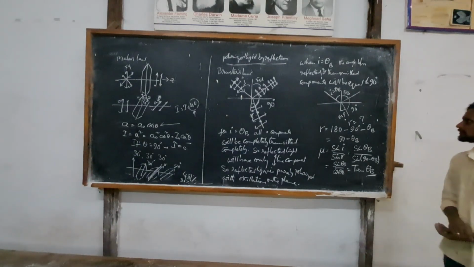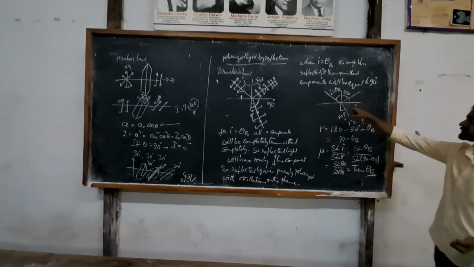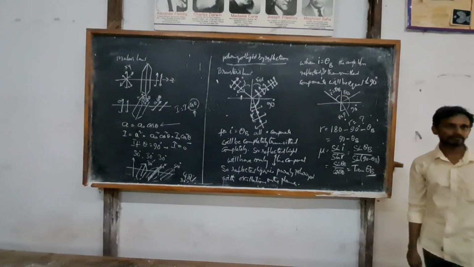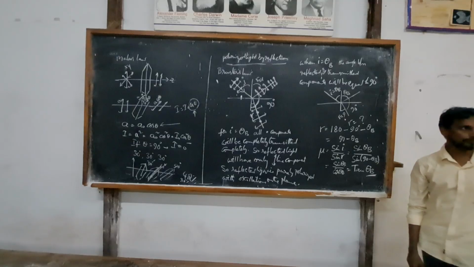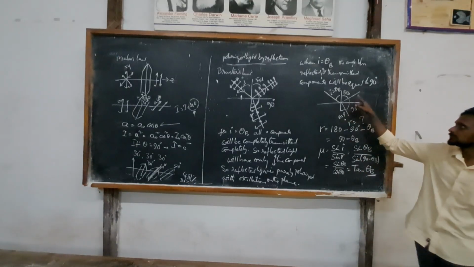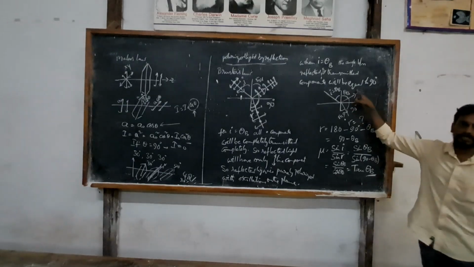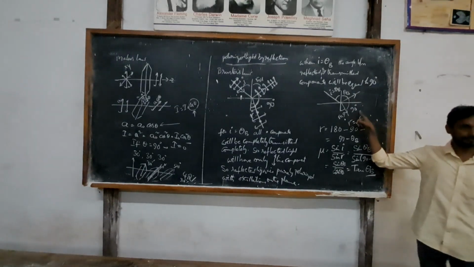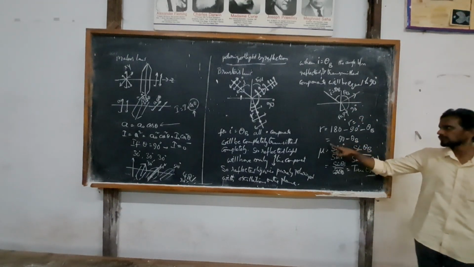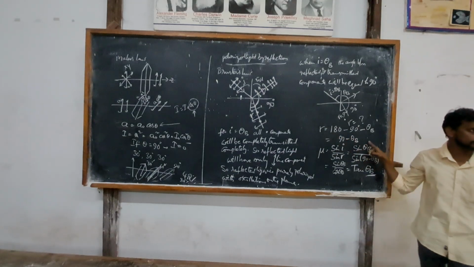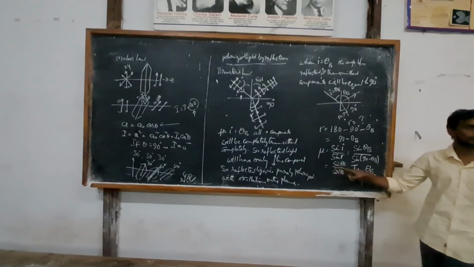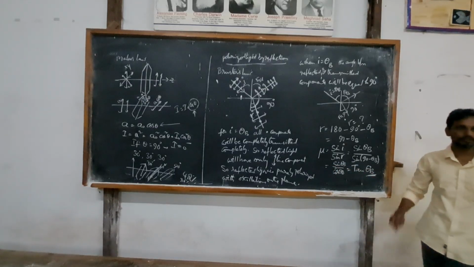It is tan theta. Right? So when i is equal to theta b, what happens? The angle between the reflected ray and the transmitted ray becomes 90 degrees, so the angle of refraction becomes 90 minus theta b and the refractive index becomes tan theta b.